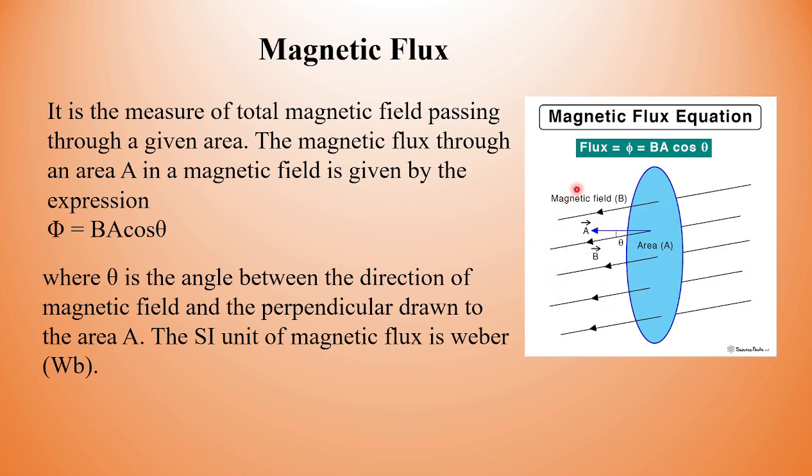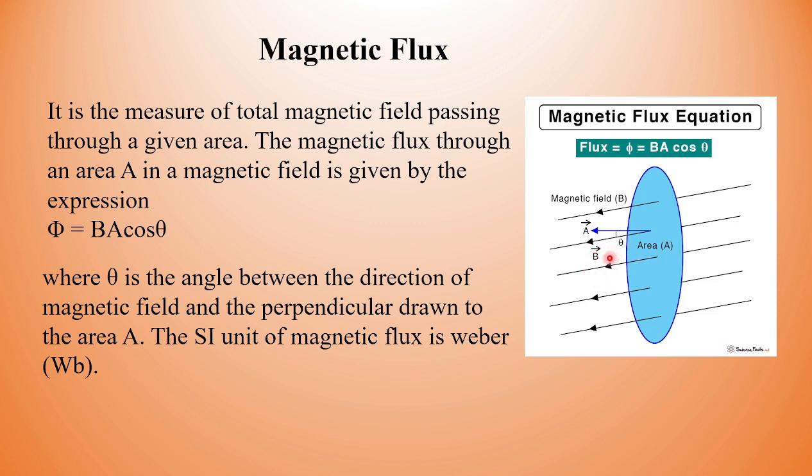Here the intensity of the magnetic field is denoted by the letter B. The magnetic flux passing through a given area is given by the expression phi equals B A cos theta.